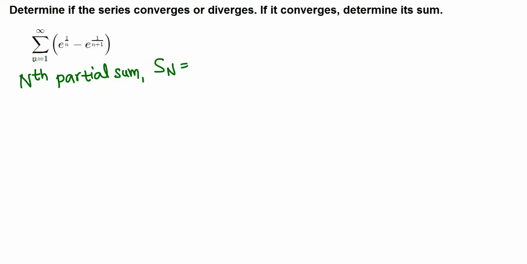For the first term, n equals 1, so plug in 1 here. So e raised to 1 over 1 minus e raised to 1 over 1 plus 1, which is 2, e raised to 1 over 2. So e raised to 1 over 1 minus e raised to 1 over 2. That's the first term. Plus the second term.